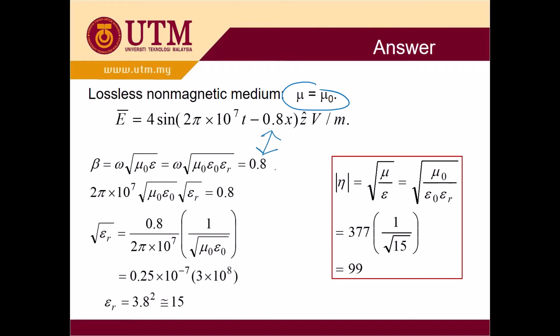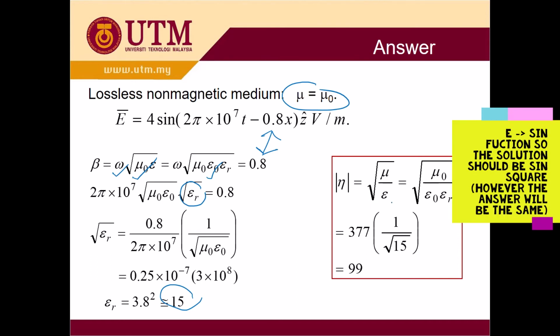We know omega, mu naught, and epsilon naught from the calculator, and then you can find epsilon r using this expression. Later on you obtain epsilon r around 15. The intrinsic impedance is equal to the square root of mu divided by epsilon, where mu equals mu naught and epsilon equals epsilon naught epsilon r, using the epsilon r that we calculated. Then you get the intrinsic impedance equal to 99.